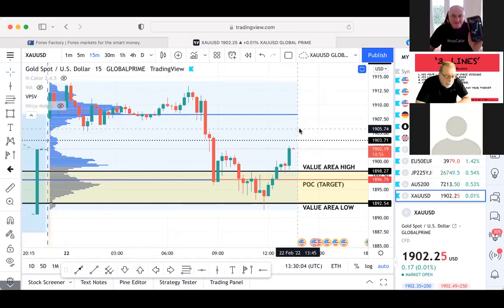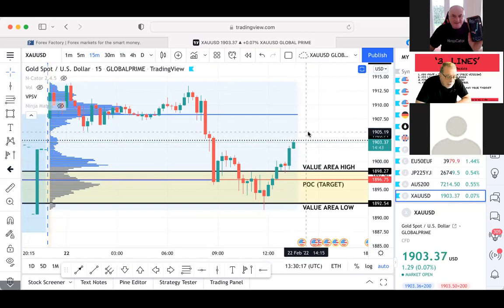And so what I do, if I was looking at this candle here and I was thinking, right, are we getting in for a buy? Here we are, 13:30. It's 1:30, New York opening, and we're starting to get some movement.